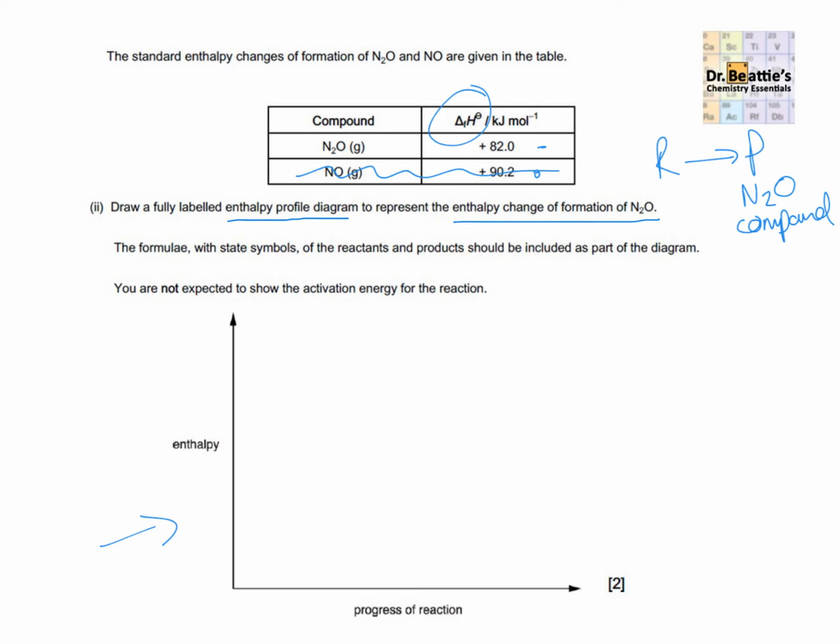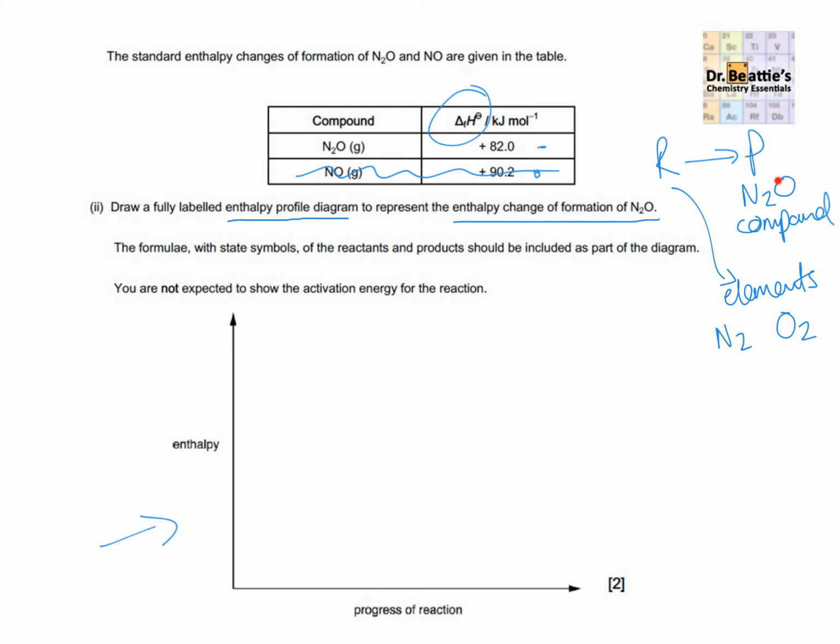So enthalpy change of formation, if you remember from the previous slide, is the 1 mole of a compound formed from its elements. So N2O, the elements that make up N2O are nitrogen and oxygen. Now these are both diatomic elements, so the N2 and the O2 are the reactants. In terms of the ratio of elements, N2 and N2 here, that's absolutely fine because we've got two nitrogens on the left-hand side of the arrow and two nitrogens on the right-hand side of the arrow.